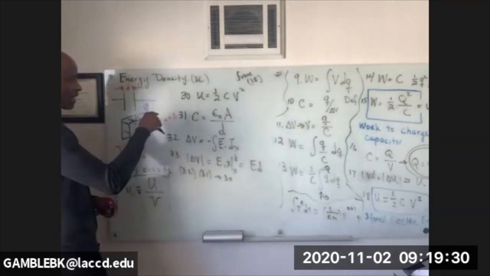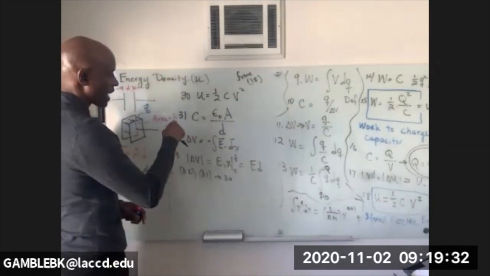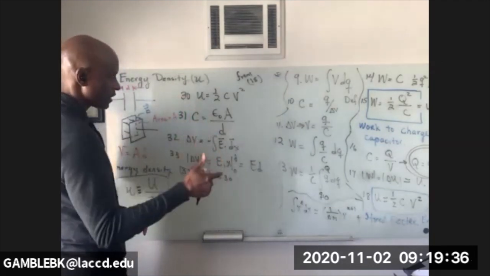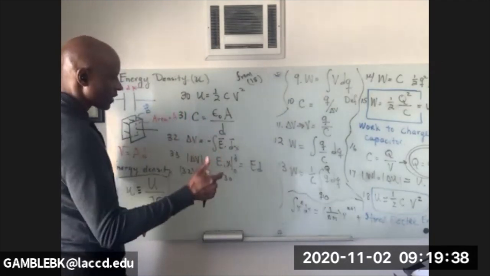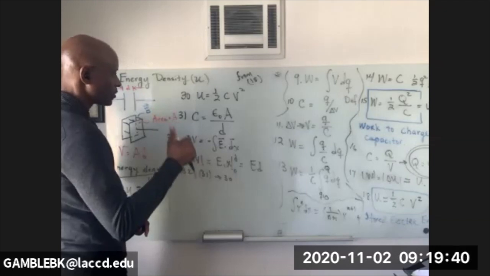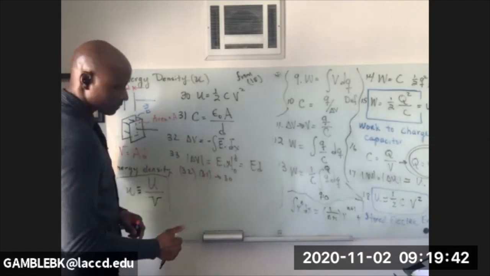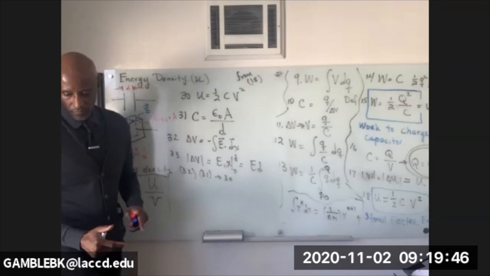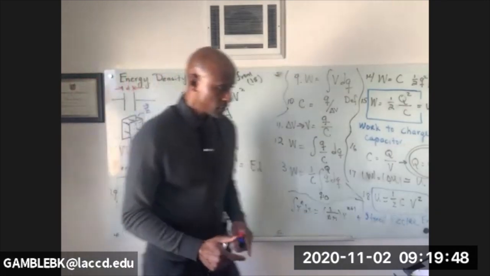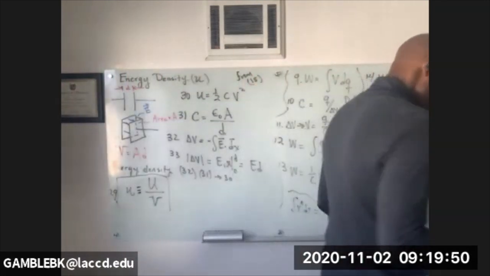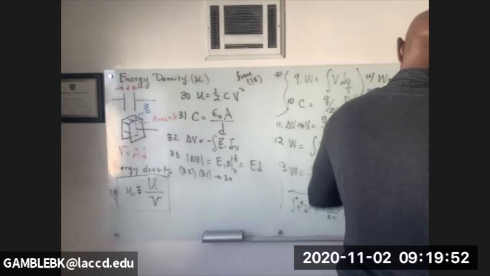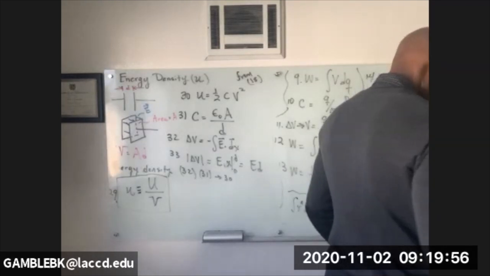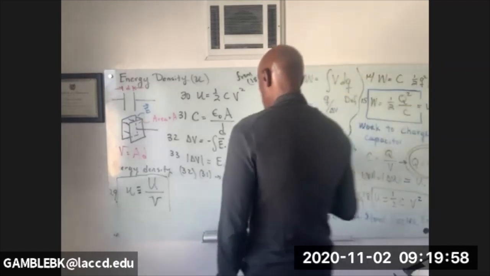And the 29 was not wrong. That was right. That was 1/2 C times V. So the three equations are 1/2 Q squared over C, 1/2 C V squared, and 1/2 Q times V. Those are the three equations.